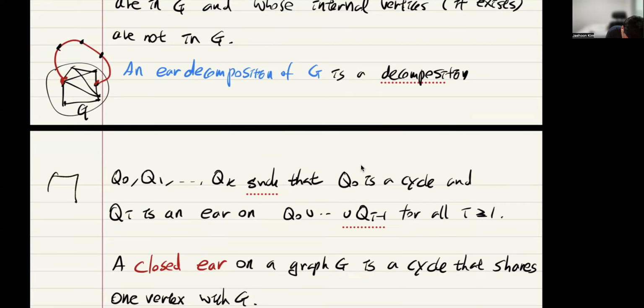So instead of that, you take one vertex and then you add a cycle. And this is a closed ear.